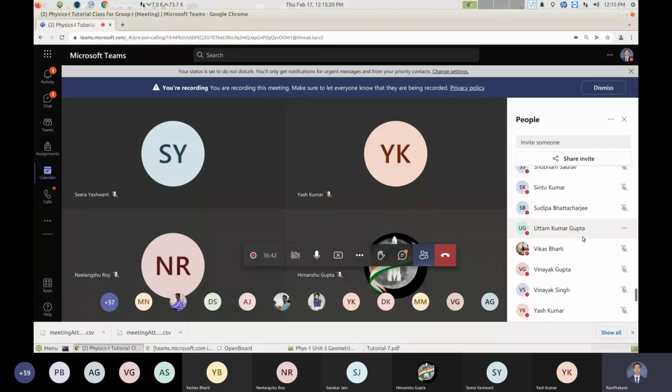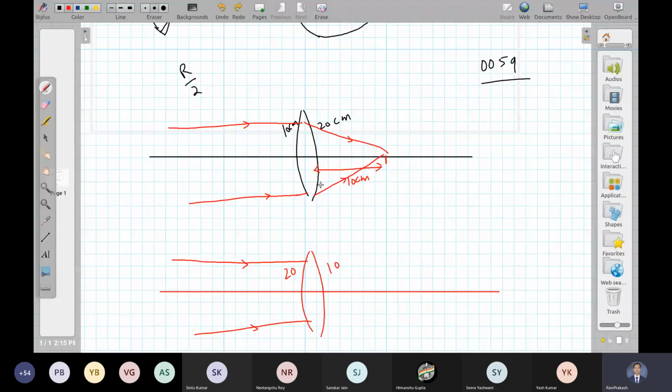Sintu Kumar, are you there? Yes, sir. How many focal lengths does a single lens have? 2. Please tell me what is the focal length of this convex lens?